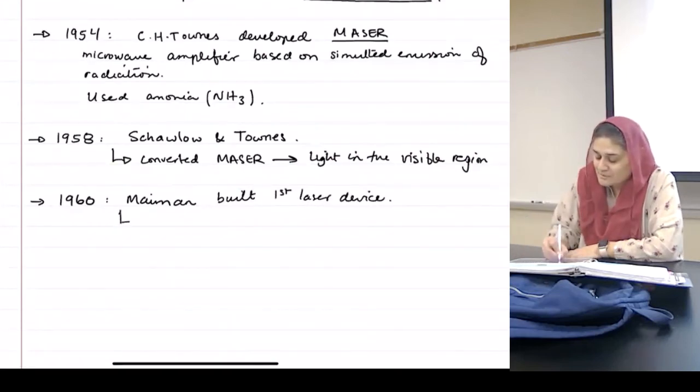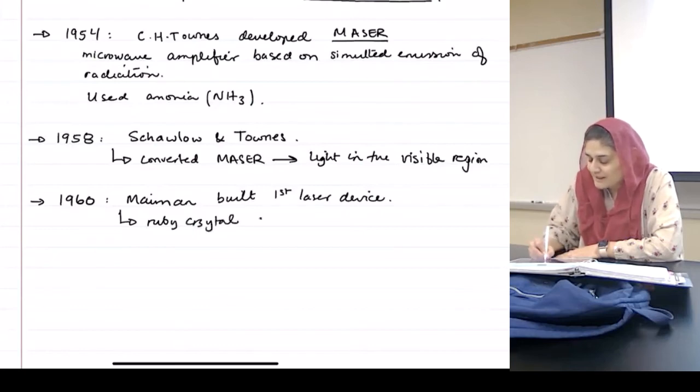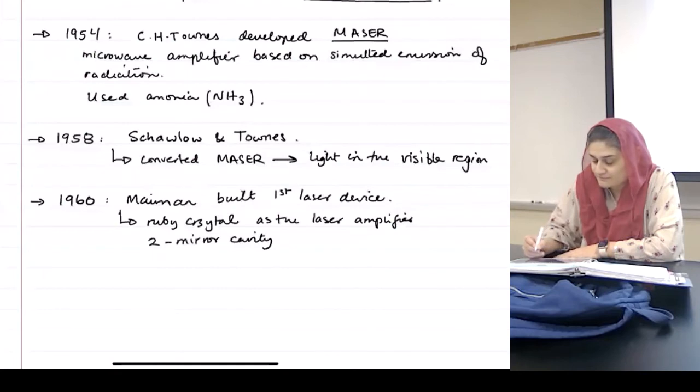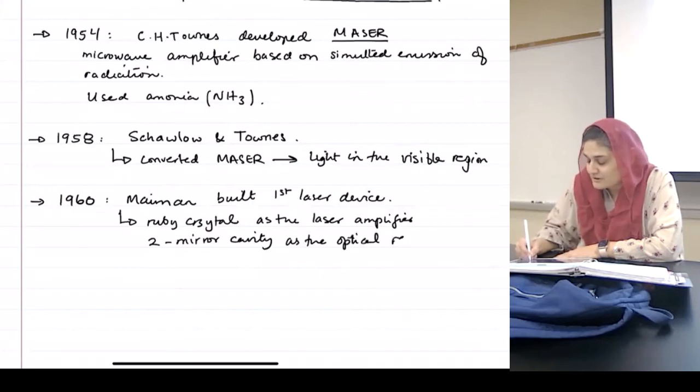And what he did was he used the ruby crystal as the laser amplifier, and he used a 2-mirror cavity as the optical resonator.